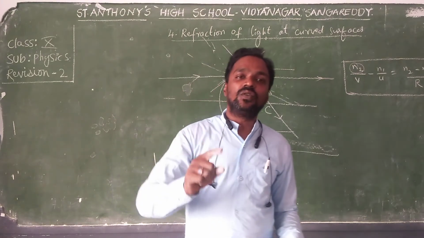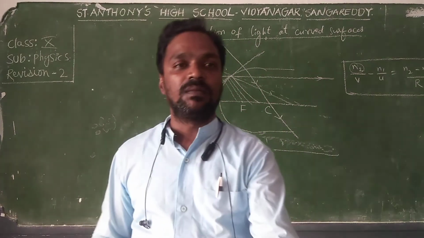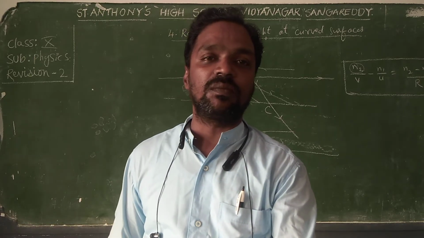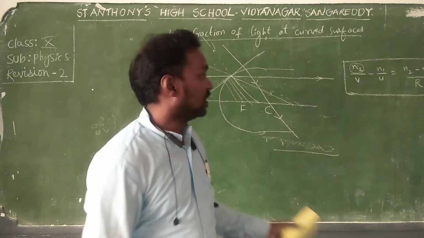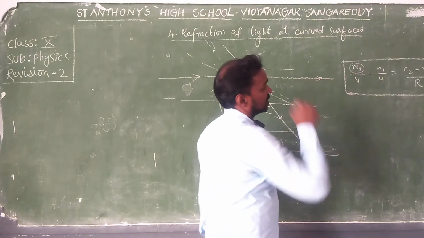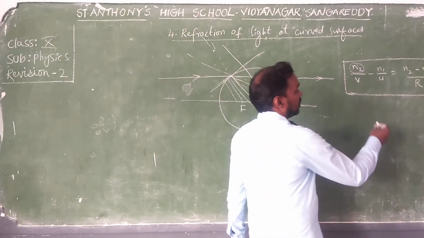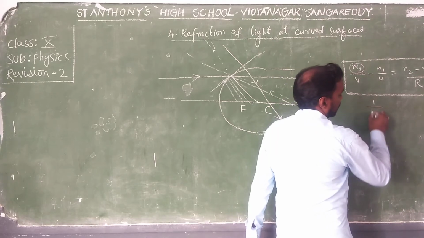So don't make blunder mistakes. A blunder mistake means writing answers without reading the question. Don't do like this. Also, in the case of a plane mirror, 1 by R becomes 0.